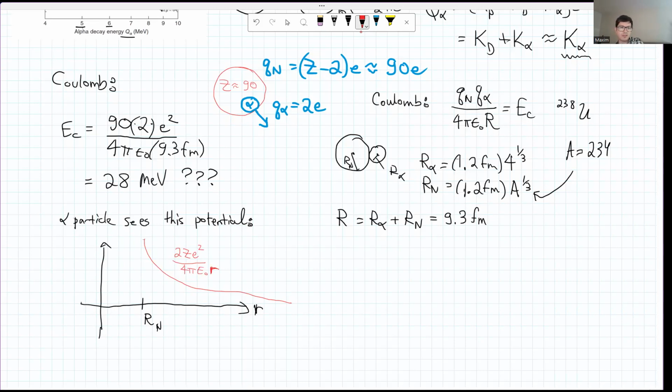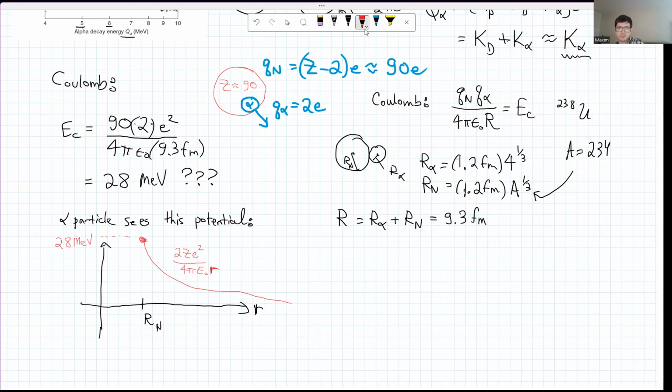And around here it's something like 28-ish MeV. Huge barrier.